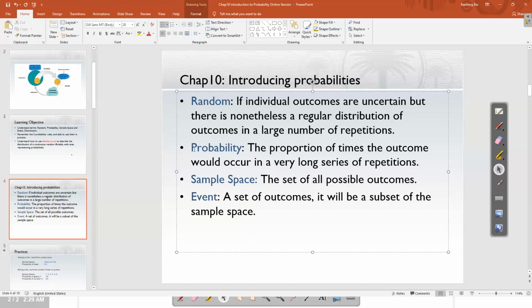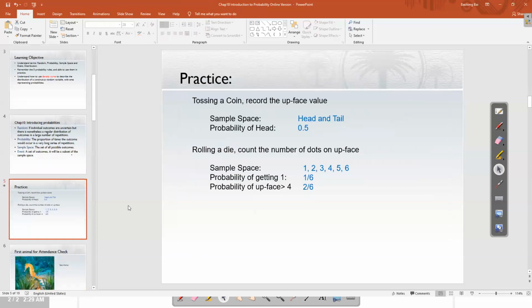Anytime you talk about a probability, the probability is always going to be related to an event. So you're going to have a criteria set to get a subset of the sample space. So the probability is always about the probability of an event. And the event is a subset of the sample space. And the sample space is defined from a random process, right?